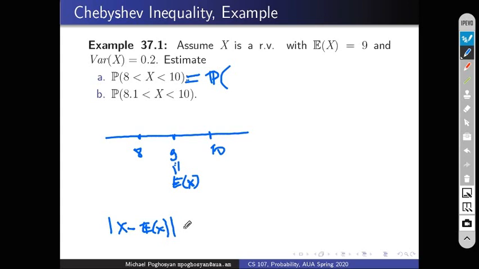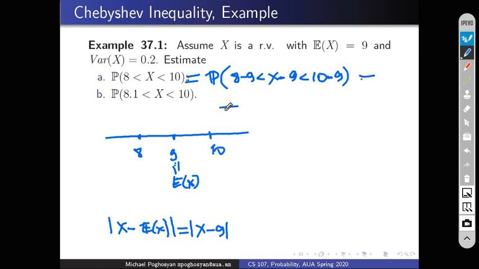So to obtain something like this, I need to have the absolute value of x minus 9 in our case, because the expected value of x is 9. So I want to rewrite in terms of the absolute value of x minus 9. So I'm writing 8 minus 9 is less than x minus 9, and this is less than 10 minus 9. So I'm subtracting 9 from all sides of this inequality.